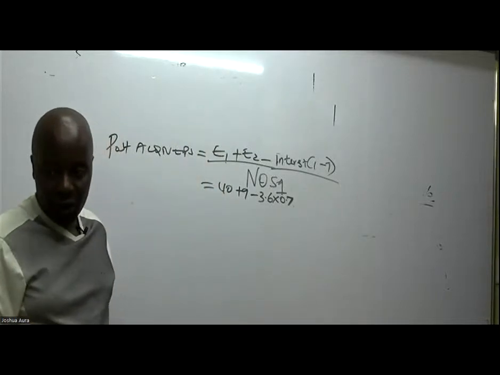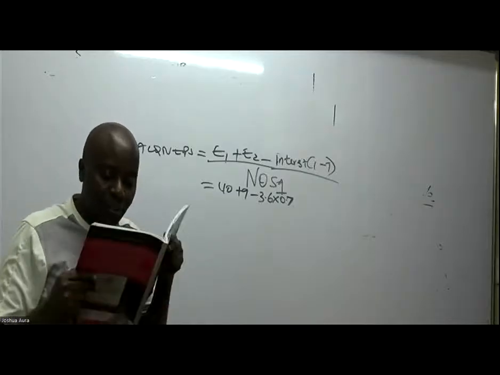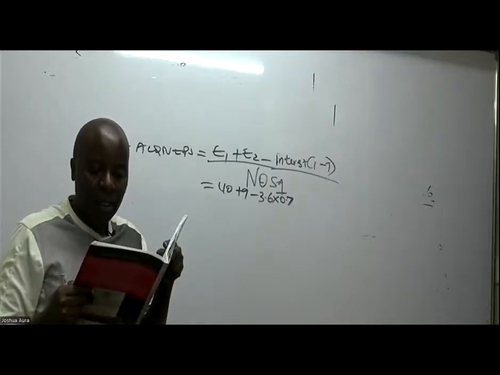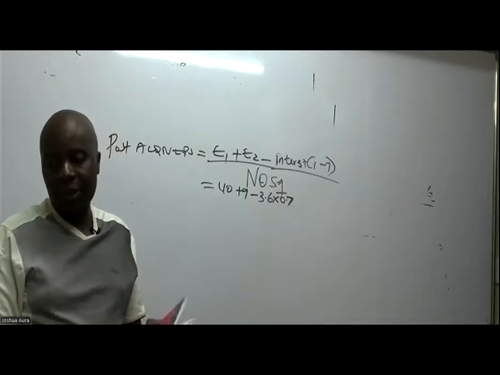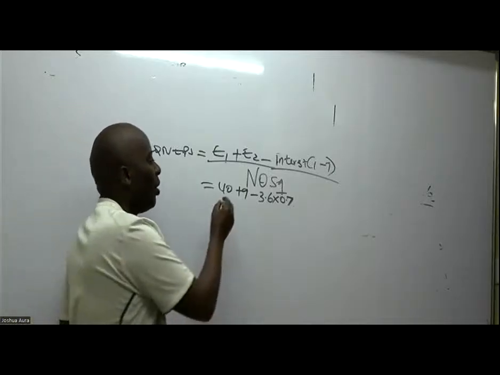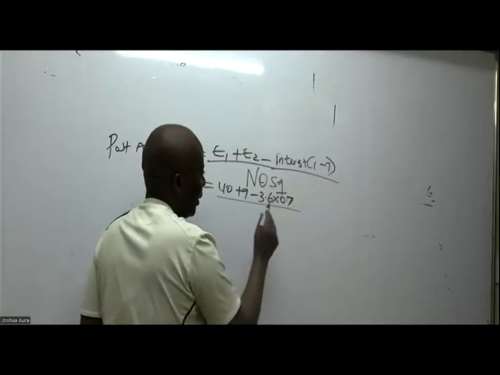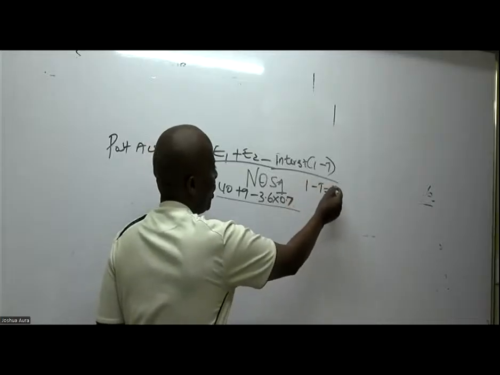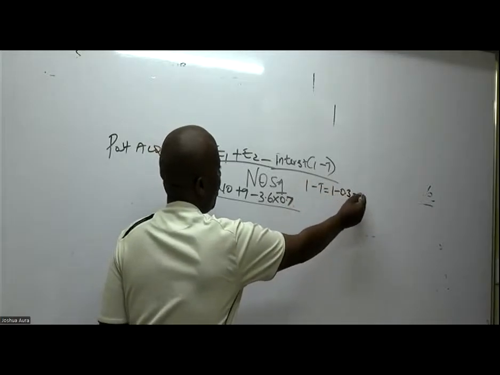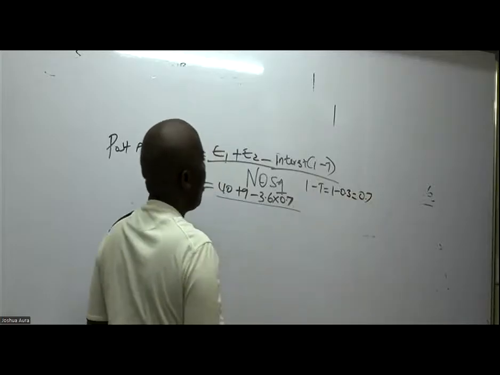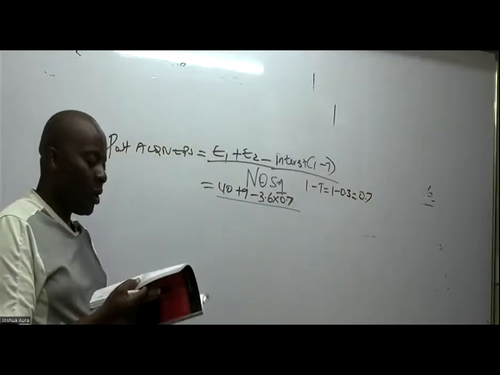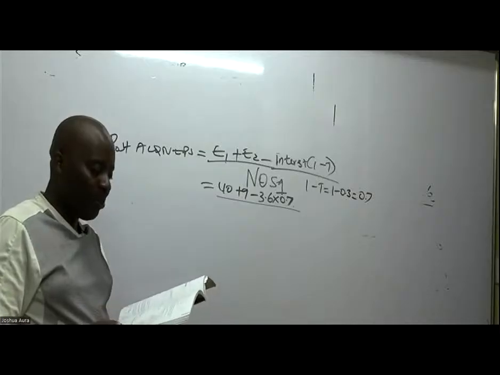It's 1 minus tax, isn't it? Tax this time round is 30%. It's given down there. All over, so 1 minus tax, 1 minus 0.3, this will give us 0.7, all over the number of ordinary shares of the first company.